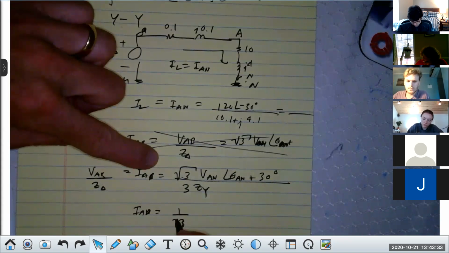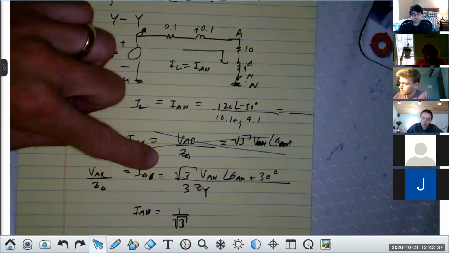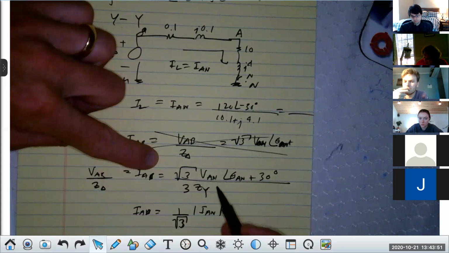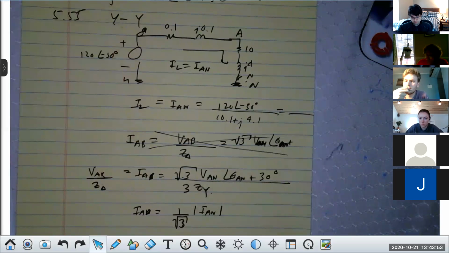I'm just reducing. Now, when I take VAN over ZY in magnitude, that's the magnitude of I capital AN, isn't it? That's the actual current in the load if it was Y, correct, class?